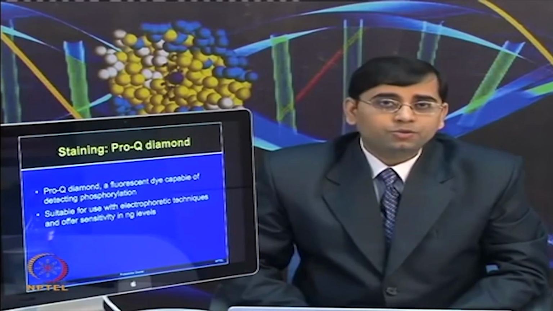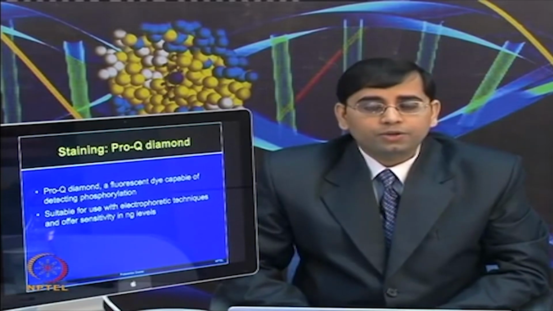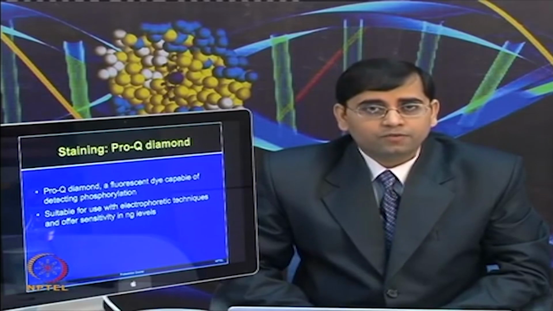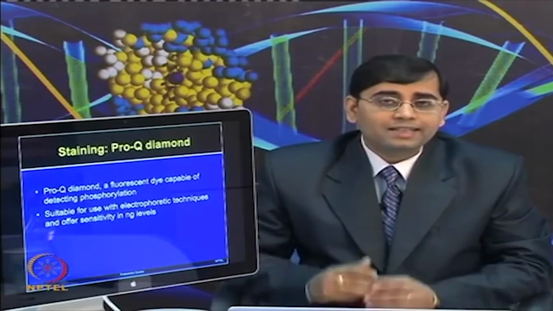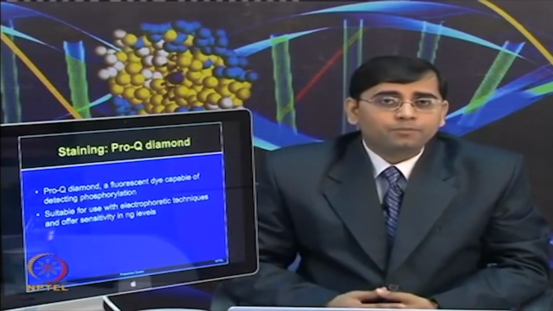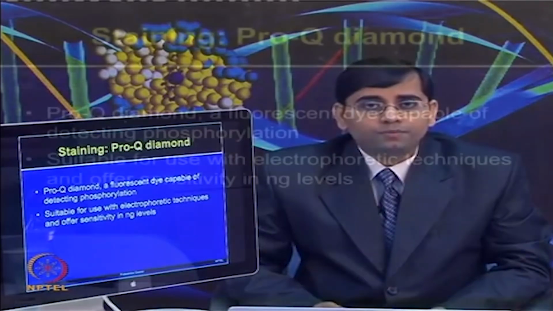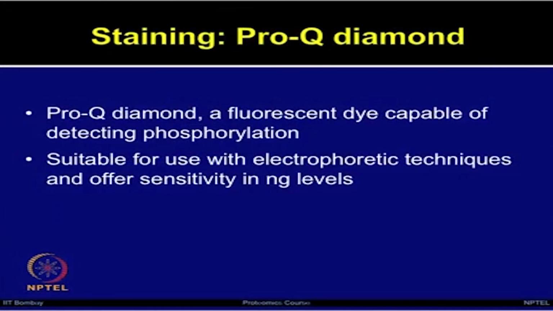So, you would like to do the dual staining. First you would like to detect only your post translationally modified forms of the protein or the phosphorylated forms, then the same gel can be used for further staining with some endpoint stain such as Sypro Ruby. Now, you take the same gel and further stain with the Sypro Ruby.